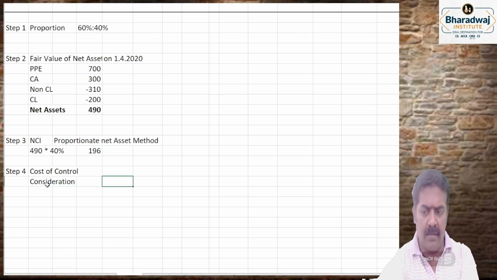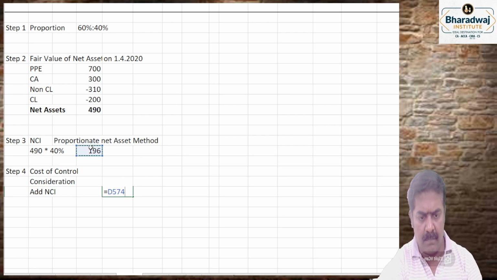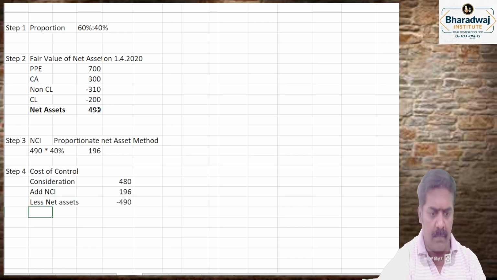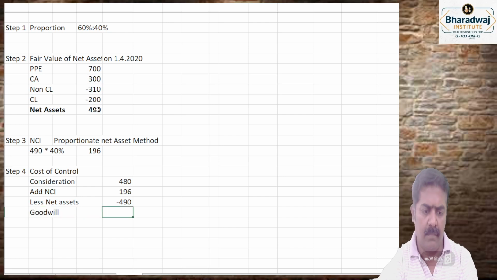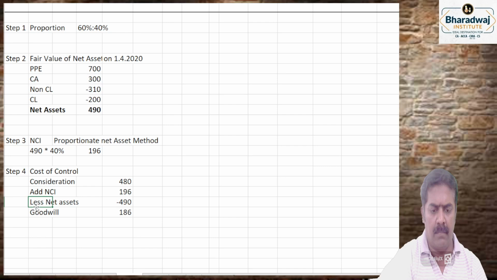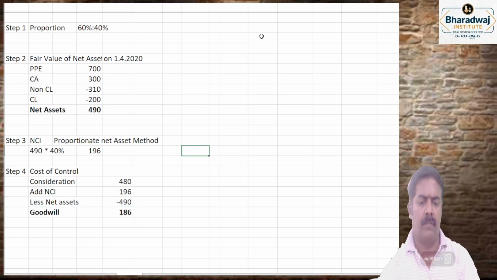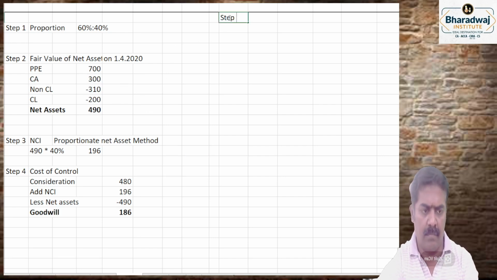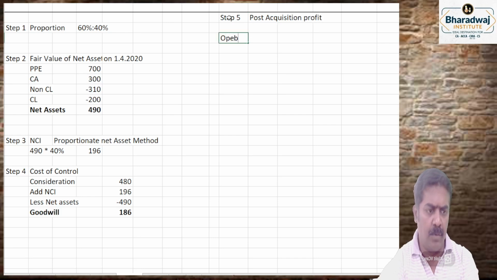What is the consideration paid? What is the opening balance of equity given?